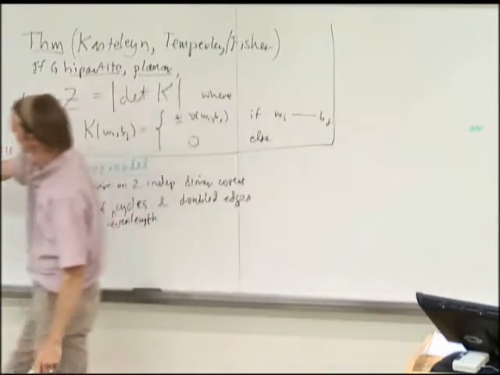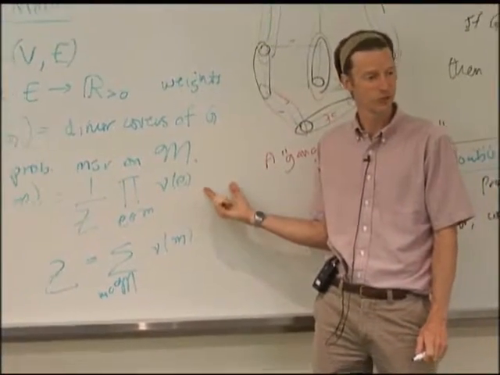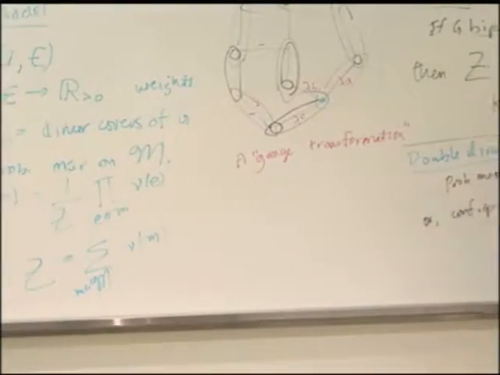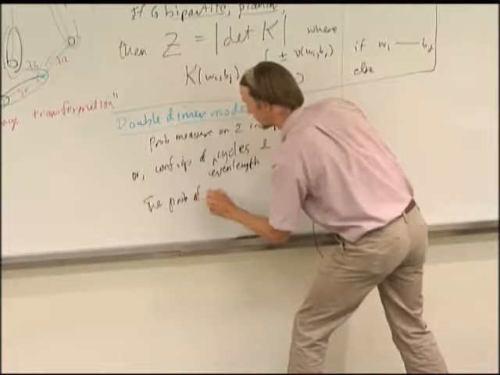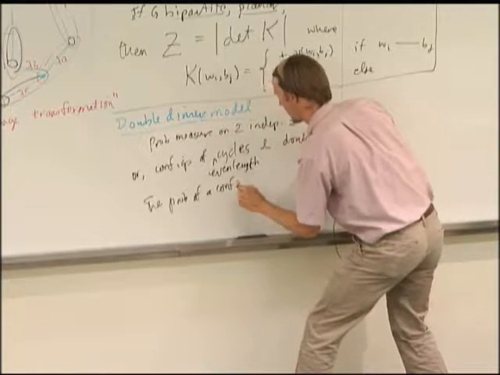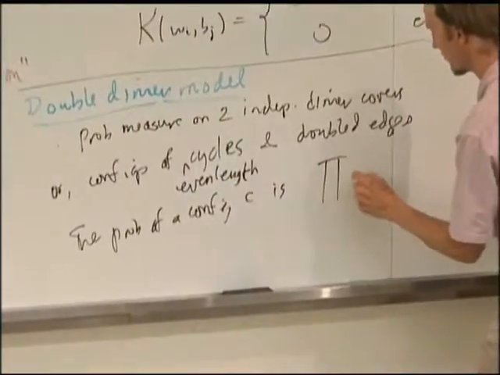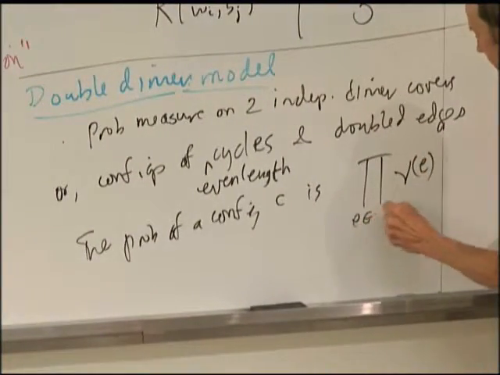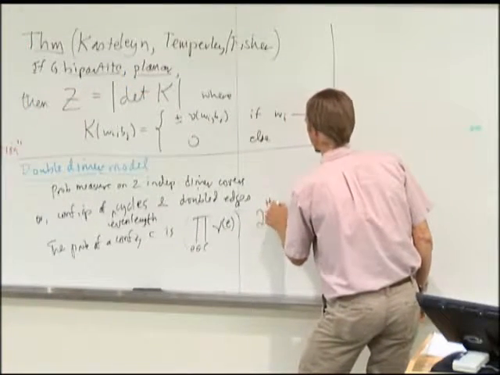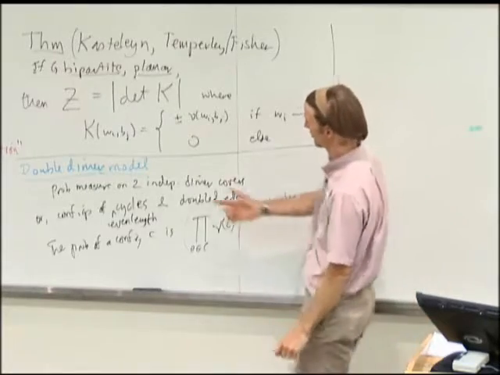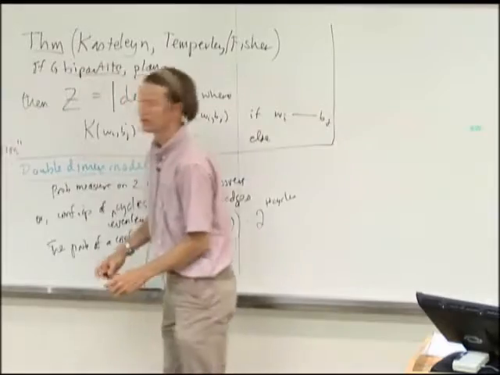Well, the probability of a configuration C is the product of all the edges in C as before, but then you get an extra factor of 2 to the number of cycles. A doubled edge does not count as a cycle, but every other cycle gives you a factor of 2.